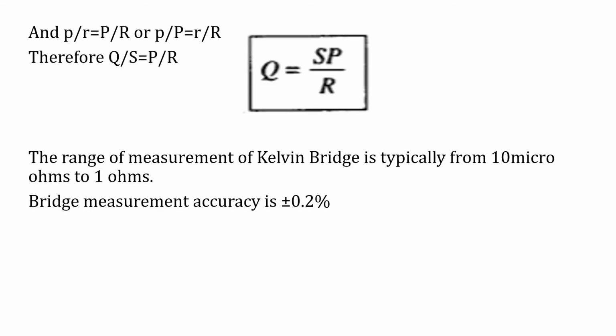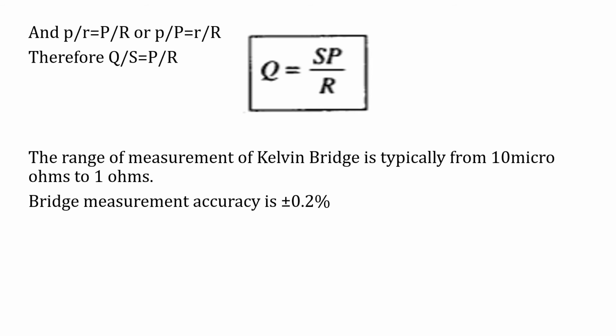And as you know, small p by small r is equal to capital P by capital R, or we can write small p by capital P is equal to small r by capital R. Therefore, Q by S is equal to P by R.